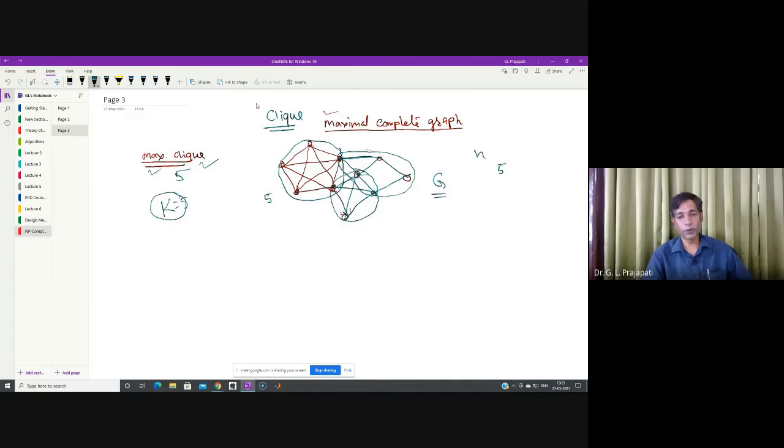So if you go for the brute force algorithm, there is no efficient algorithm available for determining the clique. This is the clique decision problem. The clique decision problem says to determine whether a clique of size k exists or not.